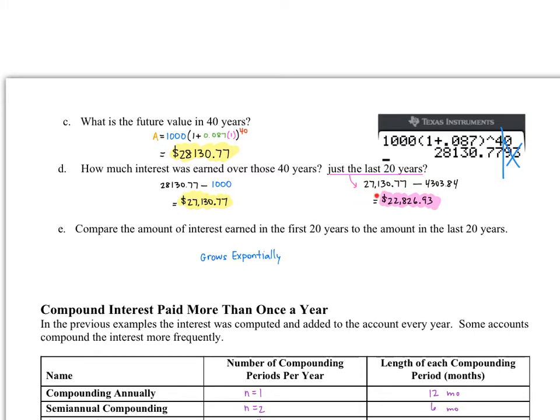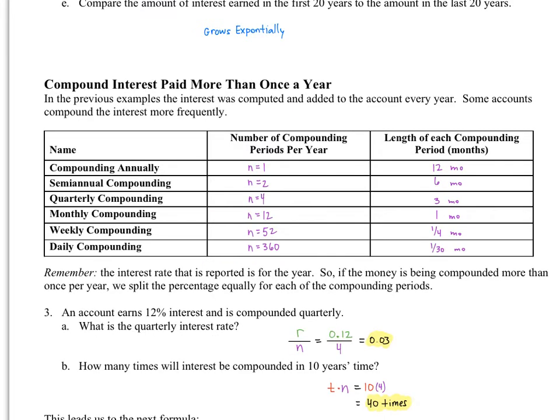So we take the total amount of interest and we subtract the first 20 years of interest, and we get this much interest, $22,826.93, simply in those last 20 years. So the longer you let it sit, the more it grows. Basically that's exponential growth. So comparing those interests, it grows exponentially the longer it sits there.